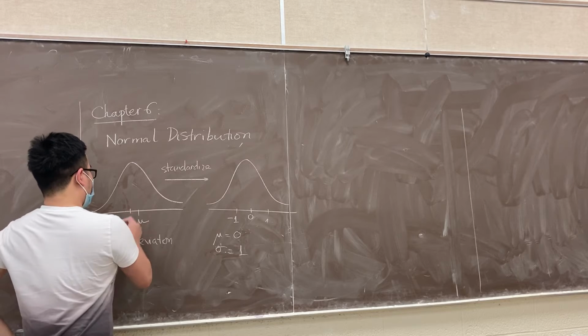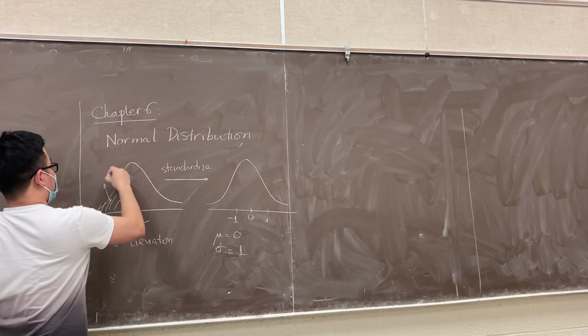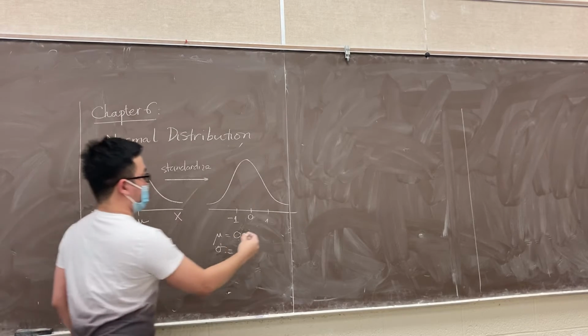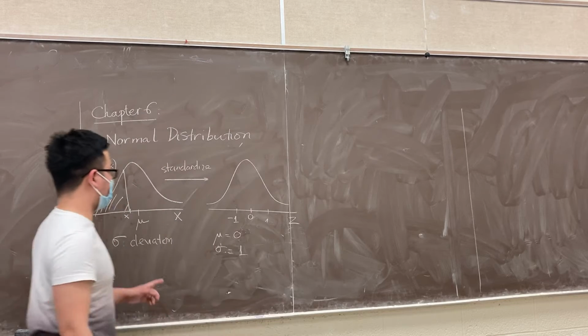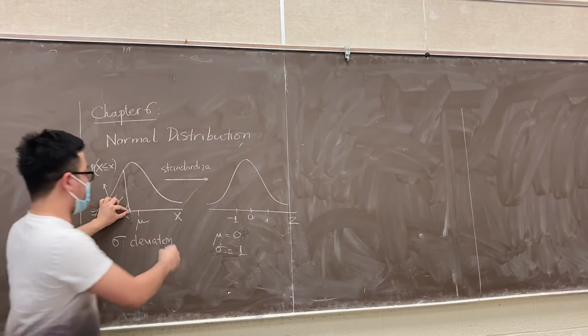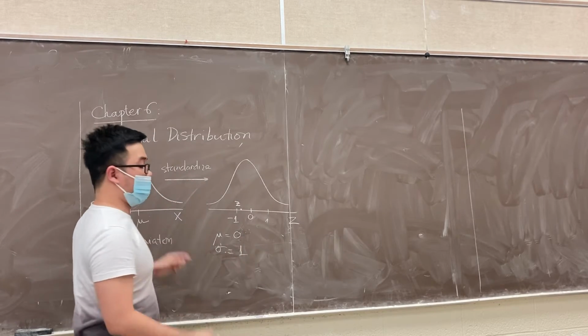For example, when we want to calculate the probability of X less than x, we transfer x here to the corresponding z here, called the z score.